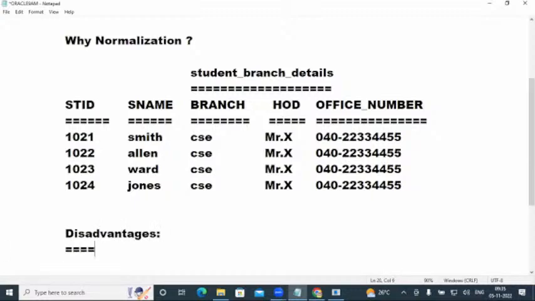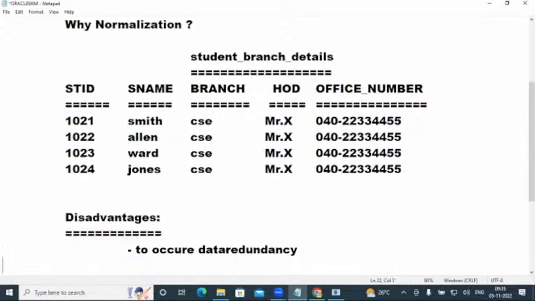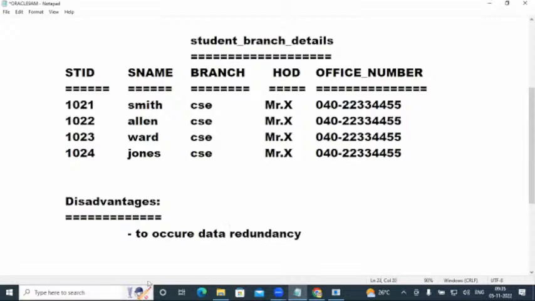The first one: if your table is not normalized, and we are storing all types of data in one single table, then there are more chances for the data redundancy problem to occur. This is the first problem, data redundancy.